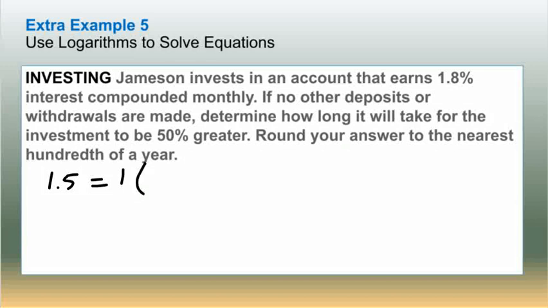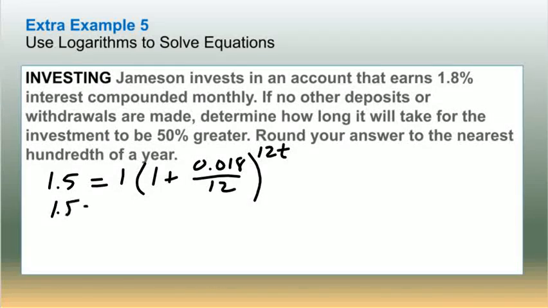equaling 1 times, compounded monthly, 1 plus the rate of 0.018. Monthly means 12, raised to the 12t power. So now I have 1.5 equals 1 plus 0.018 divided by 12, which gives us 1.0015 raised to the 12t power. Find the log of both sides.